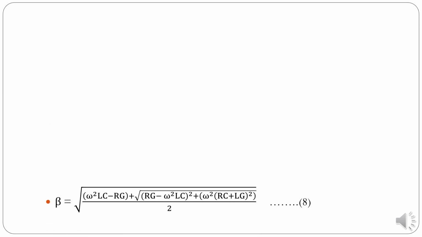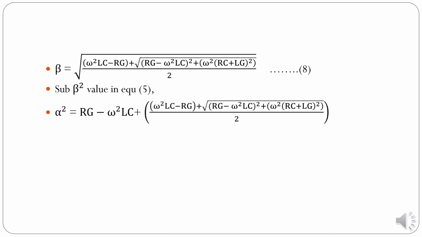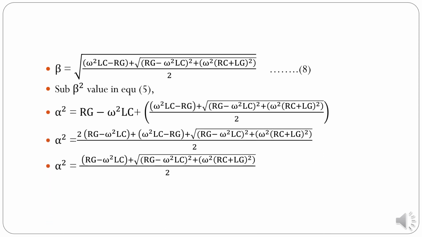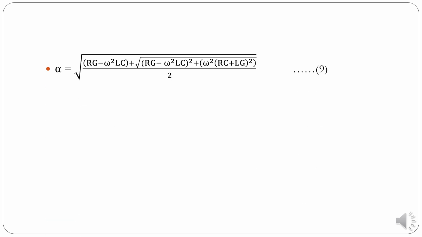Rejecting the negative value, beta is equal to square root of [omega square LC minus RG plus square root of (RG minus omega square LC) whole square plus omega square (RC plus LG) whole square] by 2. Substituting the value of beta square, we get the value of alpha square, so both values can be determined and we get the value of alpha.